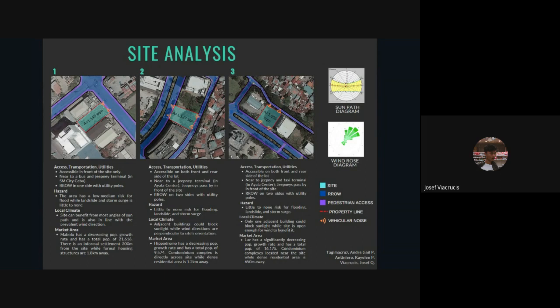Though the third site's population growth is significantly decreasing, it is the site with the nearest access to dense residential areas, with the Luz residential area being only 650 meters away, and there are also condo complexes near the site.